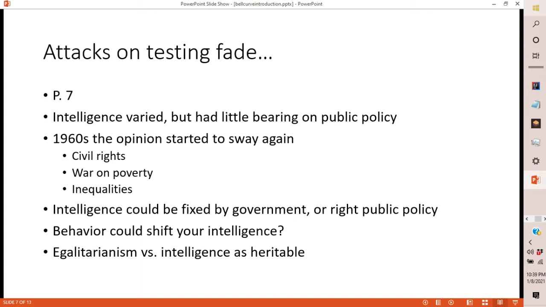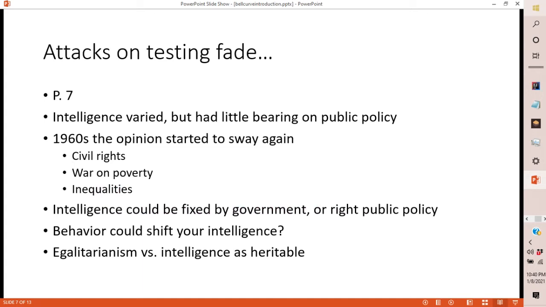So let's hop over to page 7. Attacks on testing fade. Page 7. Intelligence varies, but had little bearing on public policy. So what happened is, this is where Walter Lippmann comes in.